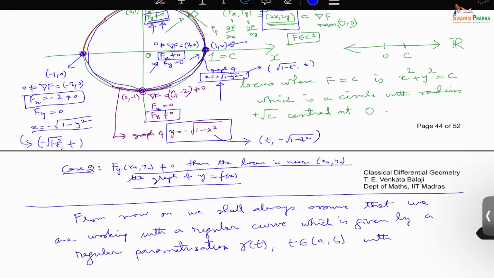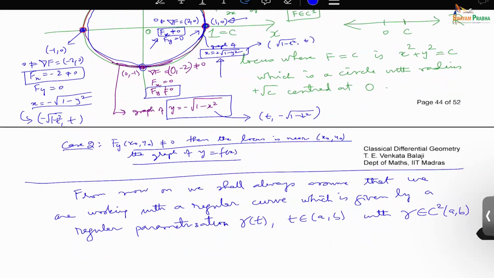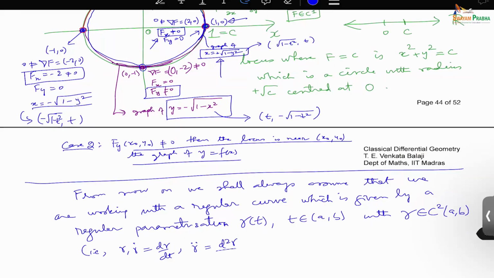Mind you, we want to talk about curvature, so it should be twice continuously differentiable, with gamma belonging to C2 of [a, b]. In other words, gamma dot, which is d gamma by dt, and gamma double dot, which is d squared gamma by dt squared, are all continuous on [a, b]. This is the assumption we will make, and it will always be at the back when we proceed further.